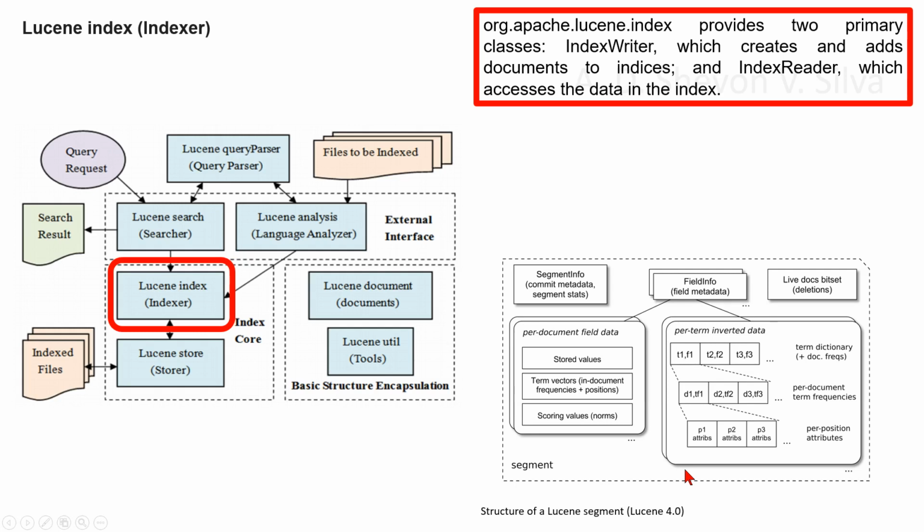Depending on the field options, various token attributes such as positions, starting offsets or per position payloads are also stored in the inverted data. It is possible, for example, to omit positional information while still storing the in-document term frequencies.